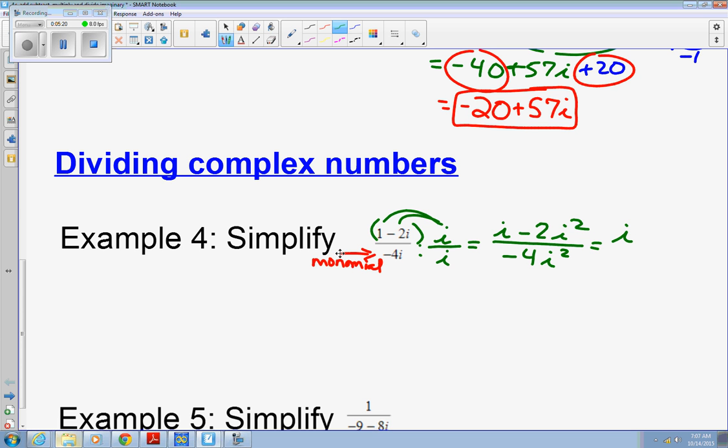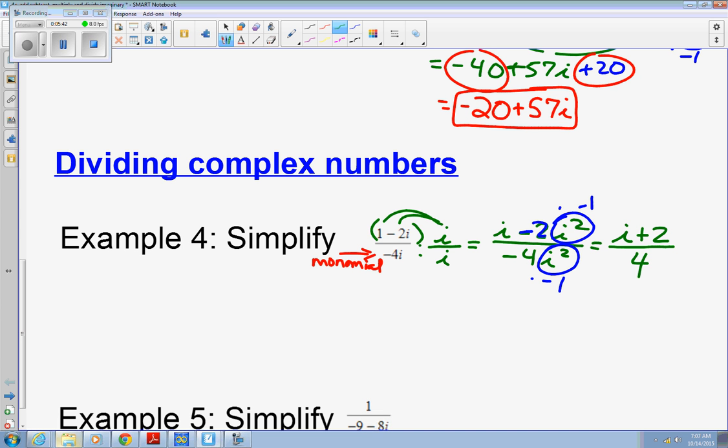And 2i squared, remember that i squared is equivalent to negative 1. So we have negative 2 times negative 1, which is positive 2, so this becomes plus 2. And then in the denominator again, we have this i squared, which is equivalent to negative 1. So we have negative 4 times negative 1, which is positive 4.